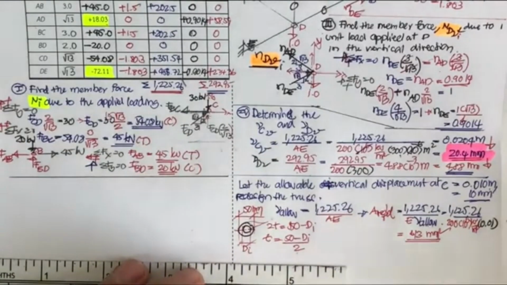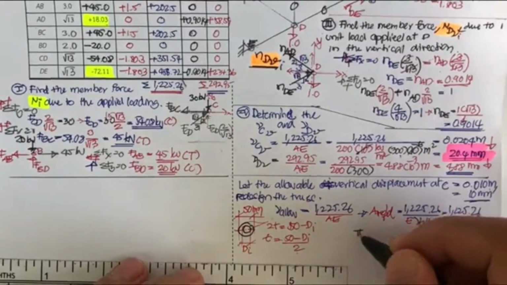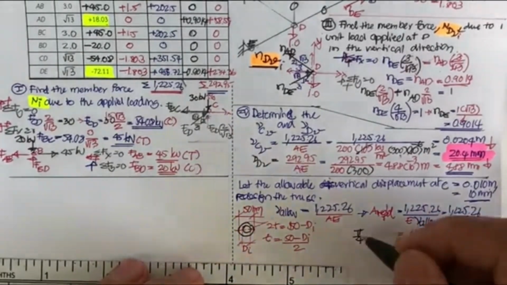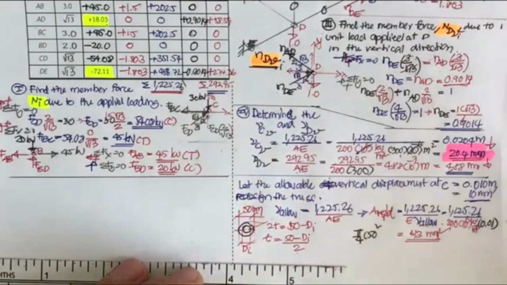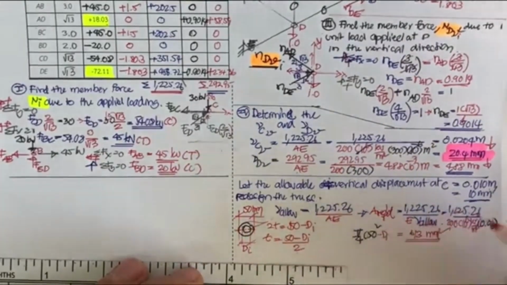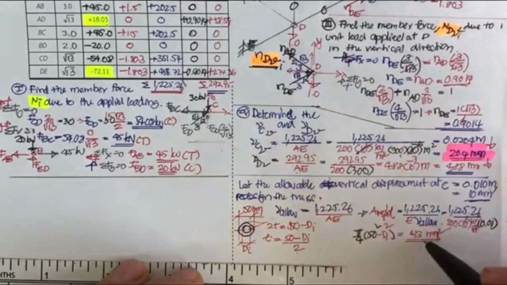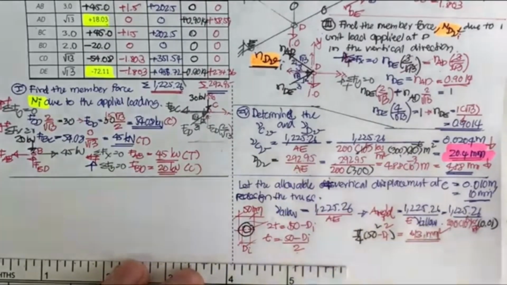If that's the case, you're going to have pi over 4, right? And then this 50 squared, minus d sub i squared, is going to equal 613.